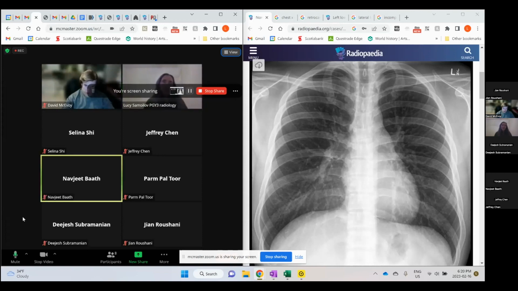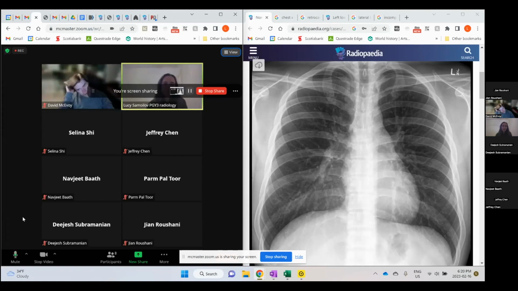The most common thing is, mesothelioma is essentially malignant transformation of pleural plaques. These are calcified pleural plaques, which are pathognomonic for prior asbestos exposure.